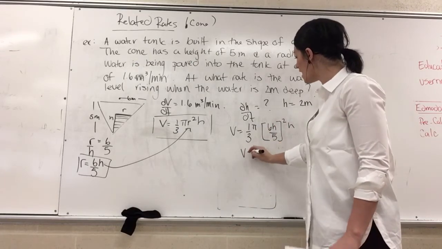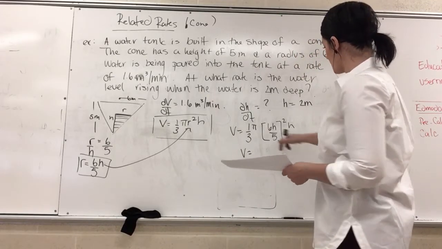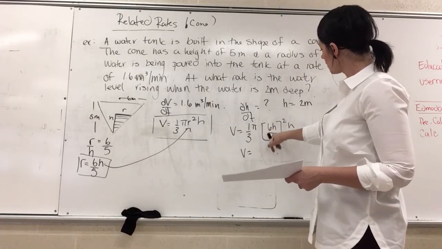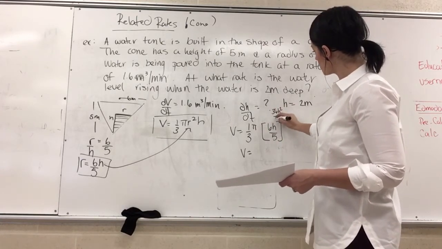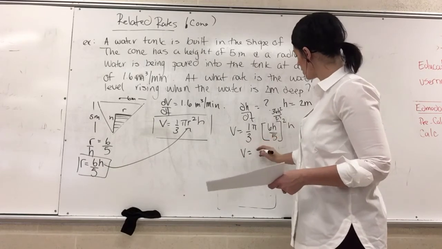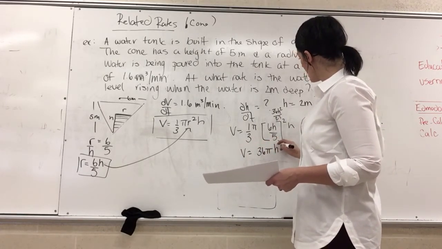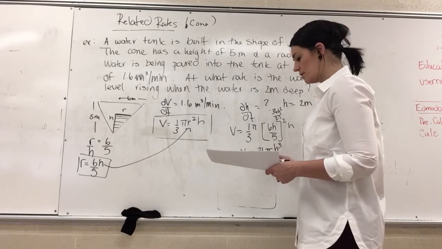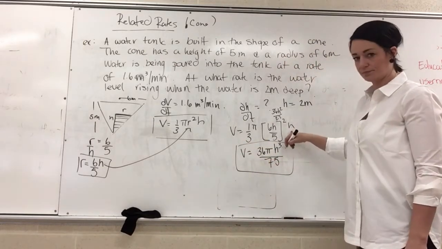I'm going to simplify the equation first, and then I am going to find the derivative. So 6/5 h squared is going to be 36h squared over 25, but then I have a third here, so it's going to be 36 pi h cubed over 75, because there is an h here.